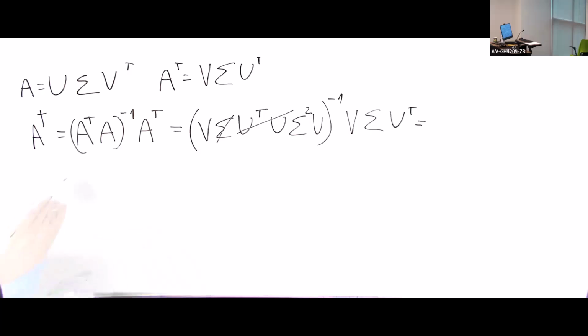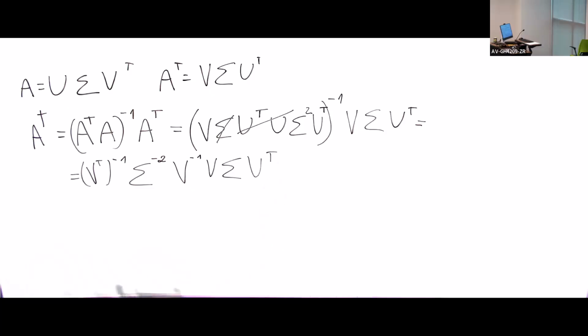It will be V transpose inverse, then sigma to the minus 2, which is all of the elements 1 divided by that element squared, a diagonal matrix, and then V inverse, times V sigma U transpose.